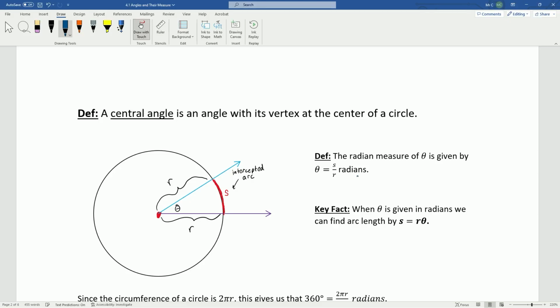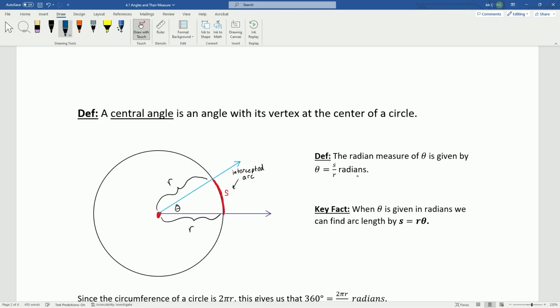And also, it doesn't really do anything useful for us mathematically. 360 is kind of an odd number to pick to divide up the angles of a circle. So instead, what we've done is redefined how we measure angles in a way that gives us more information, in particular about the circles that those angles intercept.